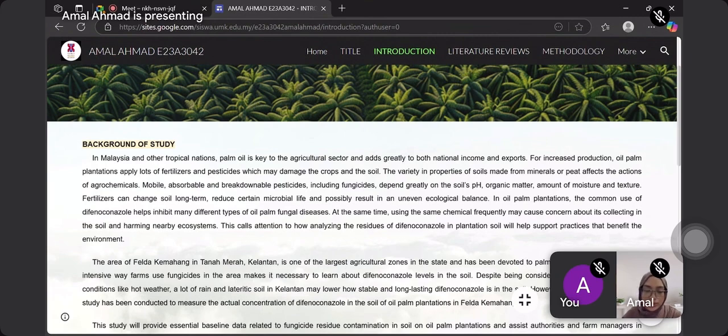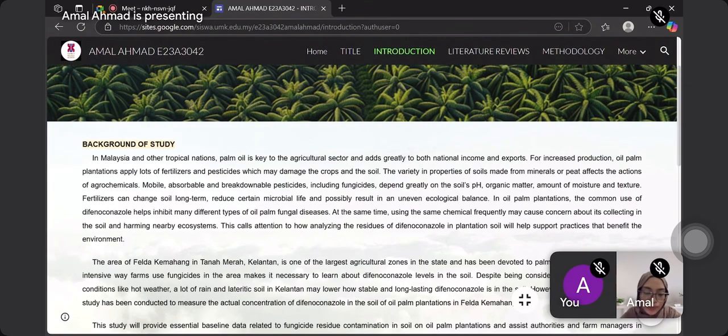My research is at Felda Kemahang, Kelantan. In Felda Kemahang Kelantan, intensive fungicide use raises concern about soil contamination. Hot weather, heavy rain, and laterite soil may affect how long difenoconazole stays in soil.